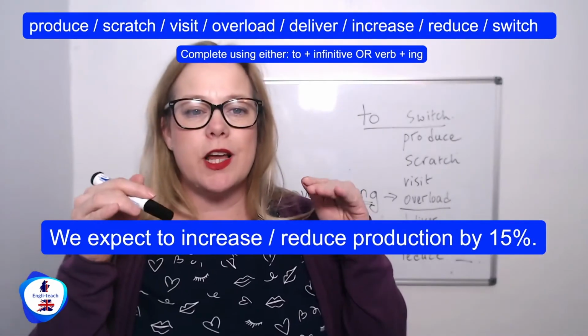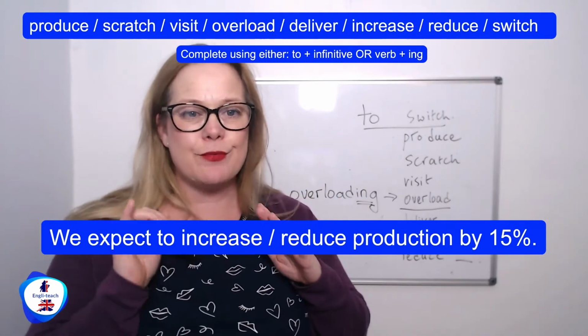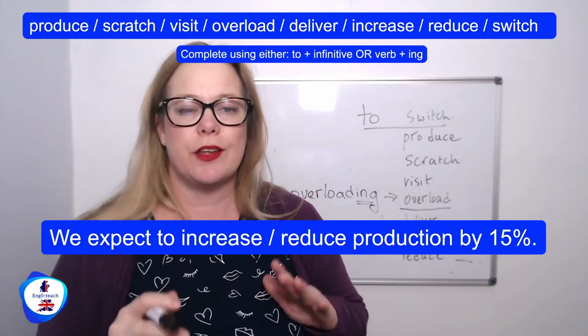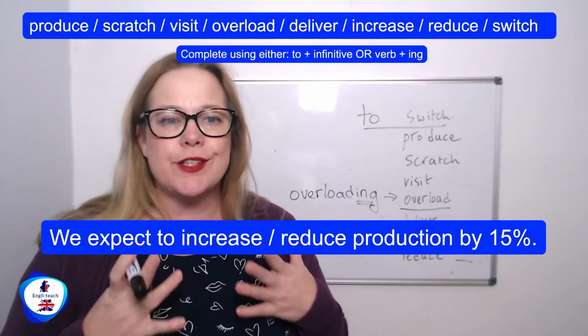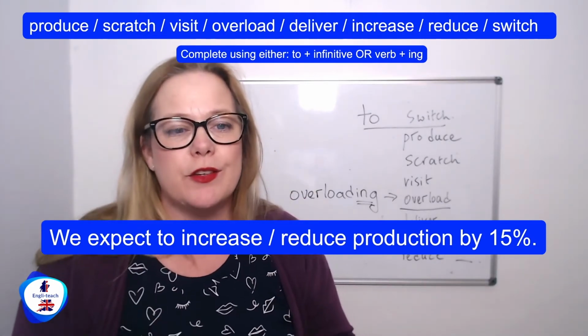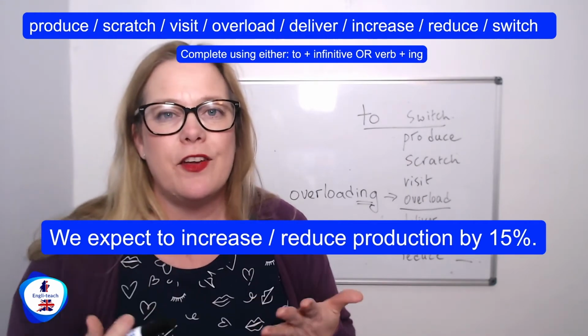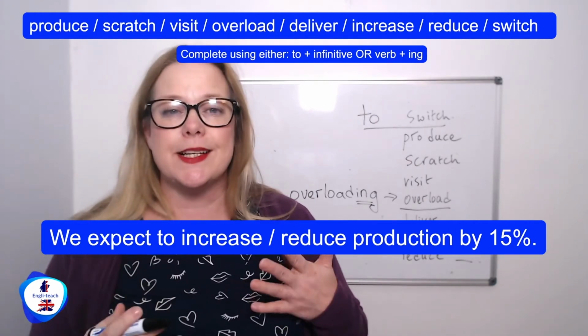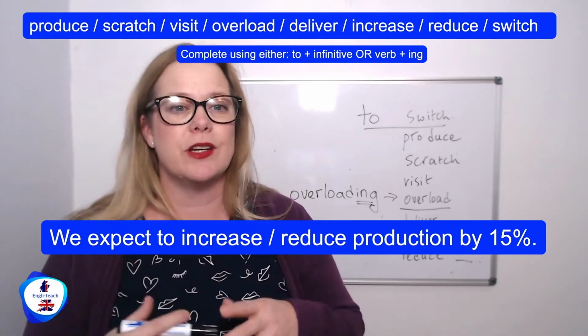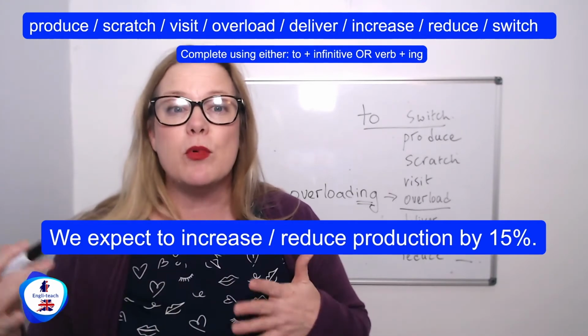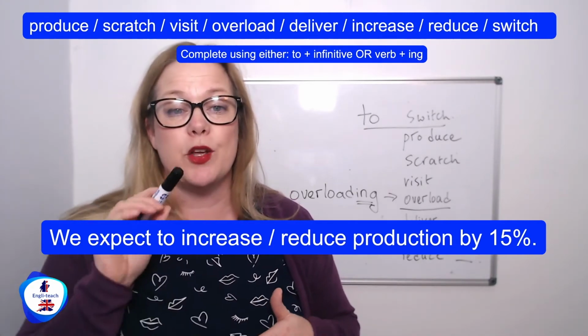Okay, so for this one, I've obviously put increase and reduce, so it's one or the other, not both, depending on the scenario, depending on the use. For example, if a company or a business wanted to increase their production, it would obviously be make more of something. We would obviously use increase.